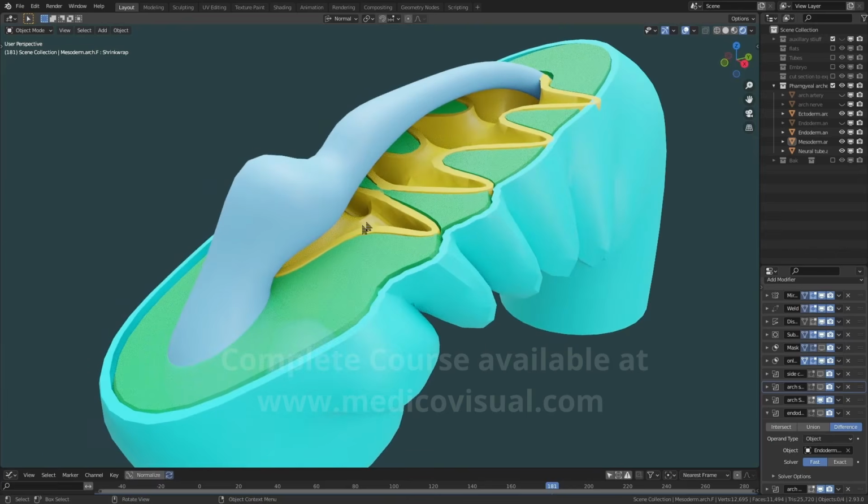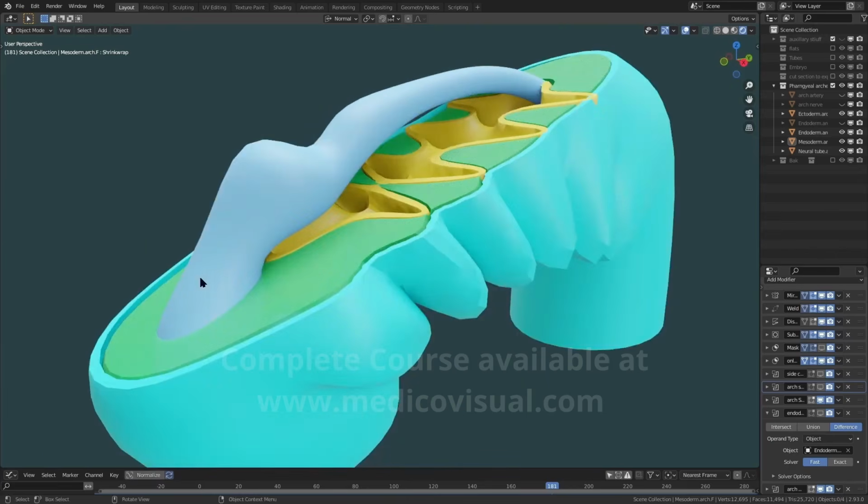Now let me tell you something interesting: from the hindbrain as well as the midbrain swellings of this neural tube, the cranial nerves will arise and they will go to these pharyngeal arches. So each arch will be supplied by one or more divisions of these cranial nerves, right?